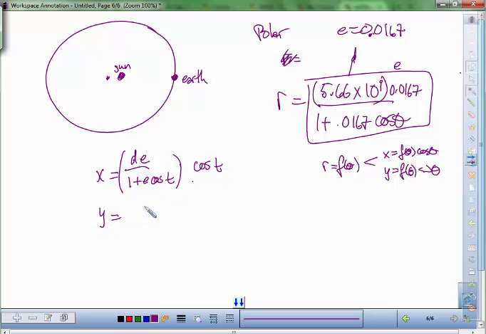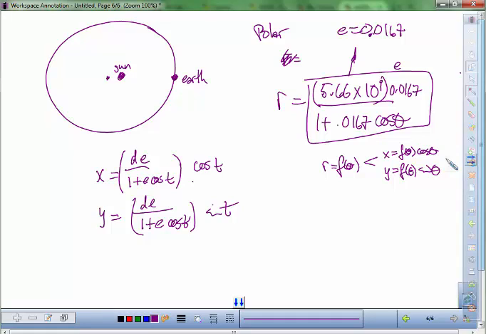And then y is going to be DE over 1 plus E cosine t, times the sine t. You see that? Is that cool? Did that work out okay? Yeah, it's cool.